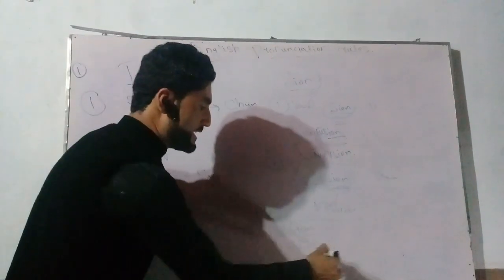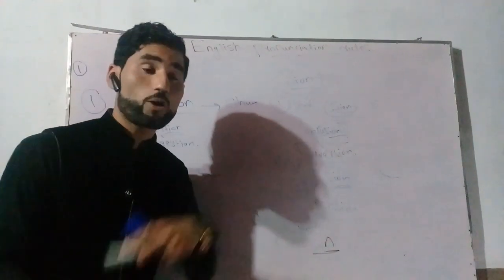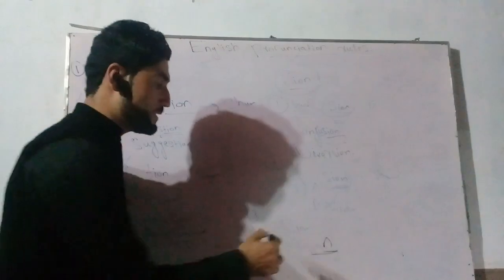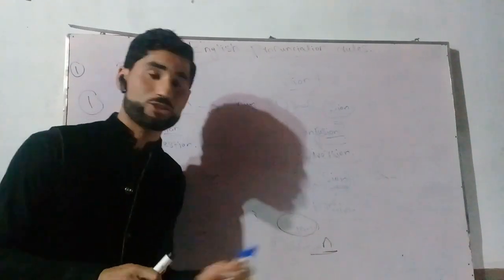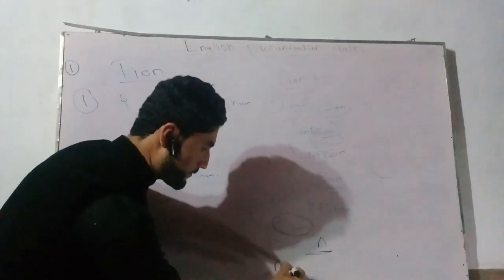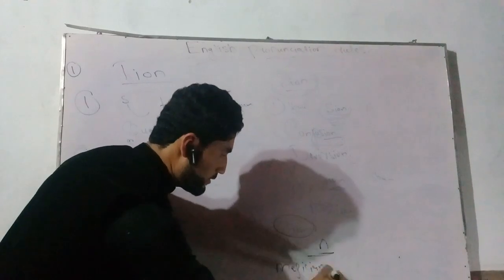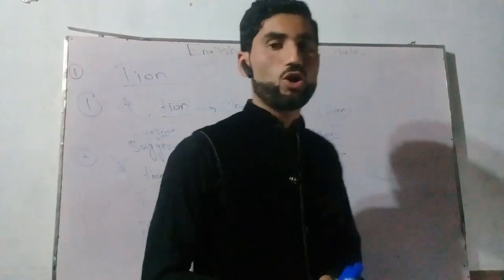This word ends on C-I-A-N. The correct pronunciation is politician. It's because the word ends on C-I-A-N, and I told you if a word ends on C-I-A-N, the correct pronunciation will be shun. Magician, beautician, and so on.